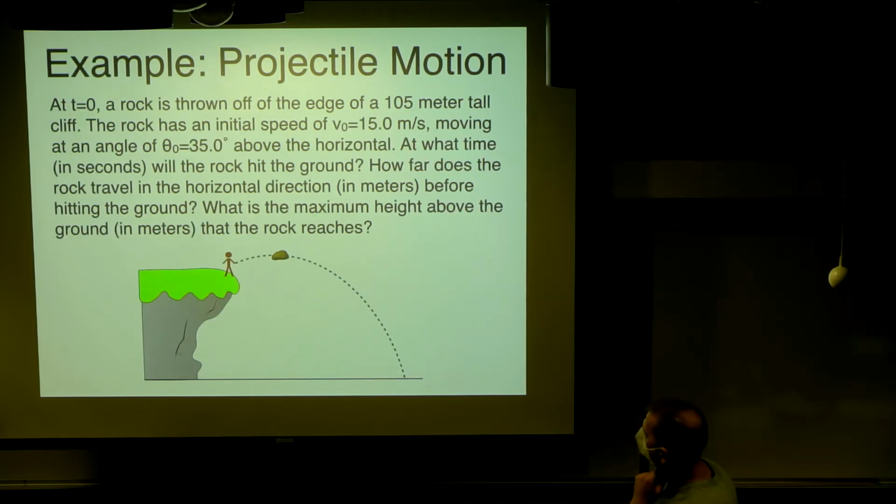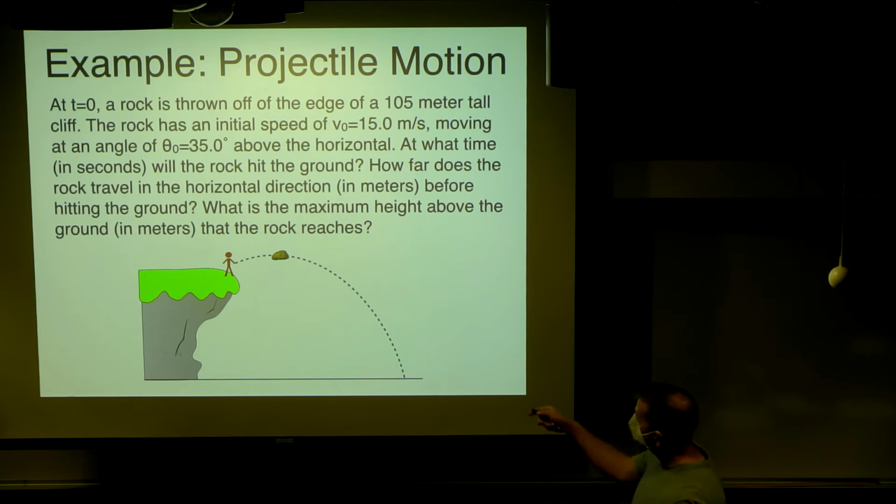So here's the example. At t equals 0, we throw a rock off the edge of a cliff. The cliff is 105 meters tall, and the rock has an initial speed of 15 meters per second, and it's initially thrown at an angle of 35 degrees above the horizontal. So we have a number of questions that we want to answer about this.